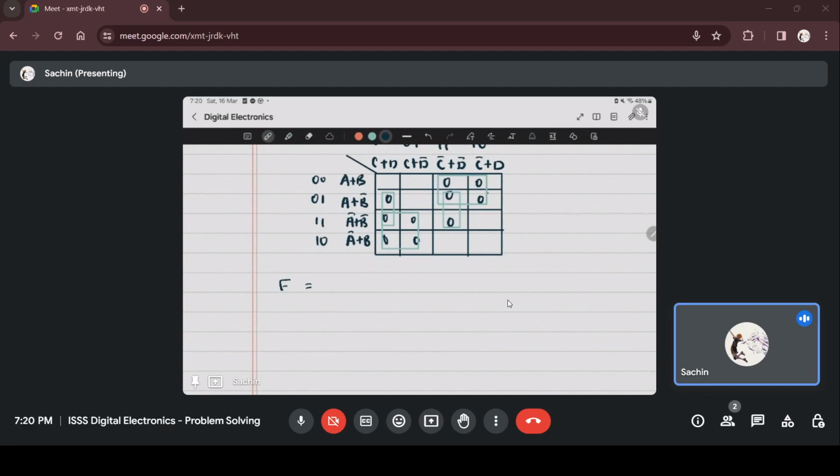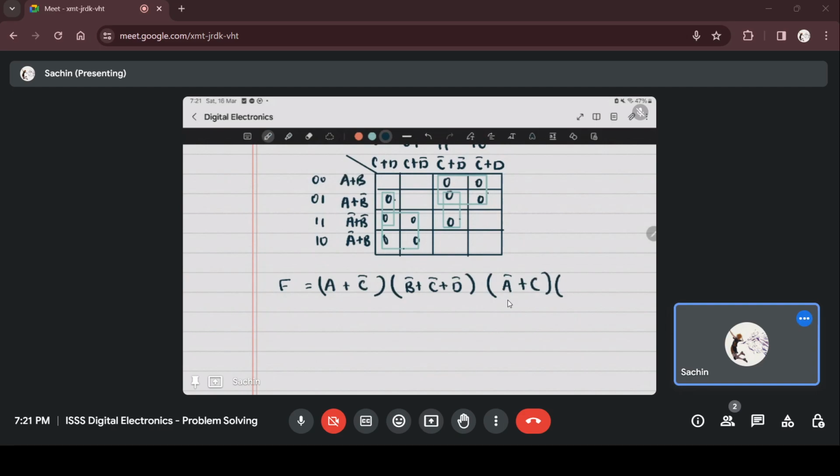the quad will be a plus c bar, and this pair will be b bar plus c bar plus d bar, and this quad will be a bar plus c.